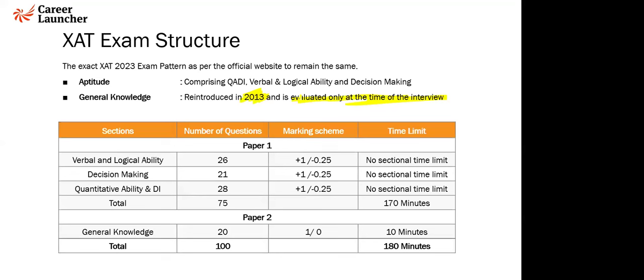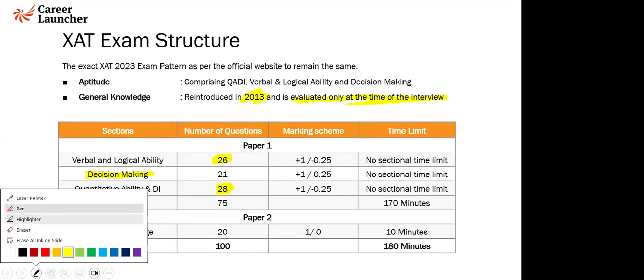And what we are talking about today is decision making. While the first section of 26 questions of verbal ability and logical reasoning, and the last section of 28 questions of quantitative ability and DI are the regular sections, you need to remember that verbal and logical ability is a little more difficult in XAT as compared to CAT. Why do I say that?